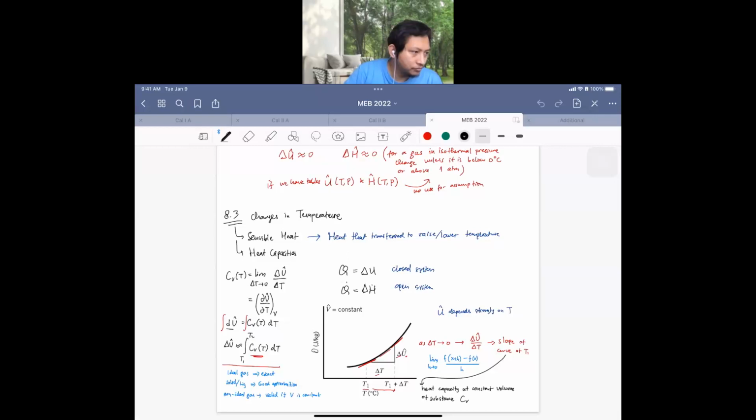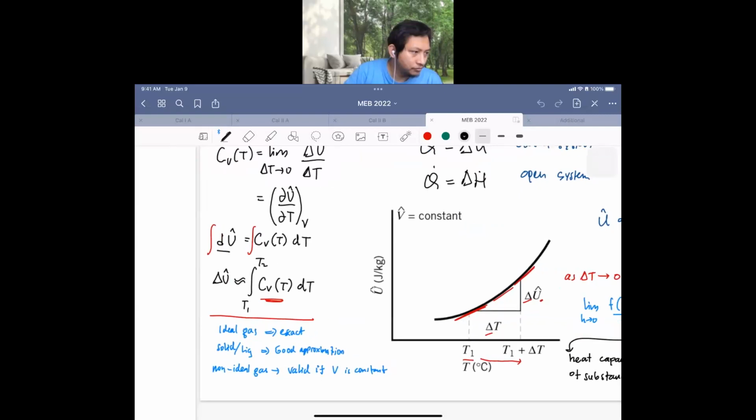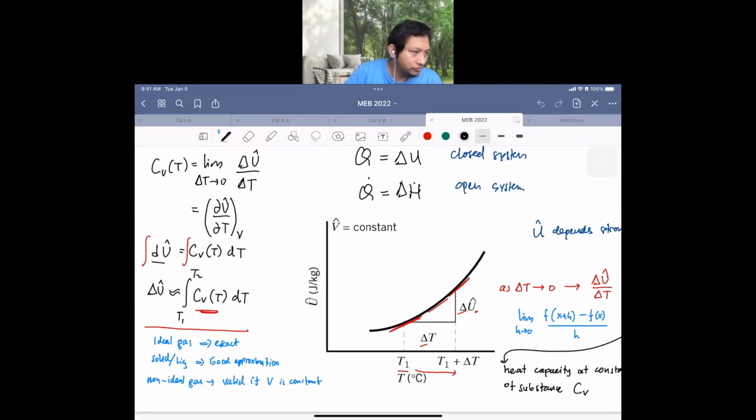As we may observe from this terminology, if we have an ideal gas, the calculations will be exactly as we approximate. And if we have a solid or liquid for the phase, it's still good for the approximations. And for non-ideal gas, it will be valid if the volume is really constant. And usually, most of the time, the assumption will be an ideal gas.